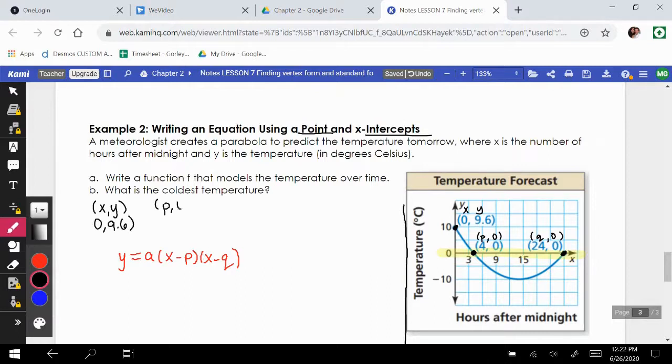I've got that my first x-intercept is 4, 0, and I've got that my second x-intercept is 24, 0. So we're going to say x is 0, y is 9.6, p is 4, q is 24, and again I don't need to write that 0 is 0.